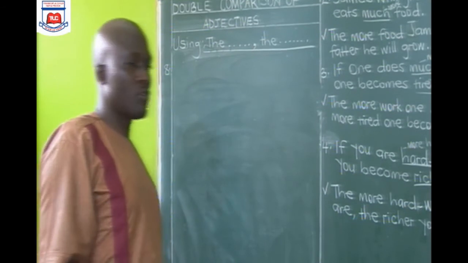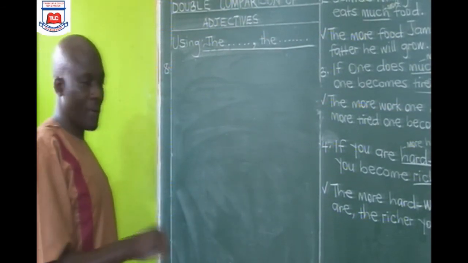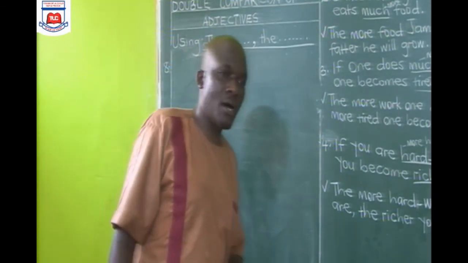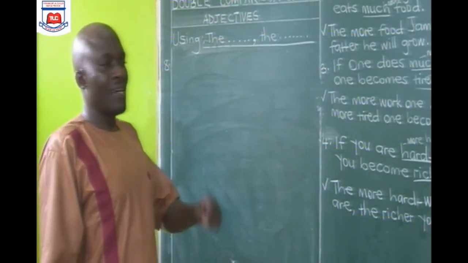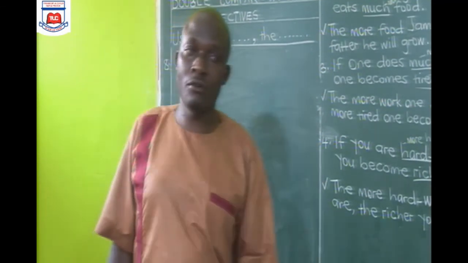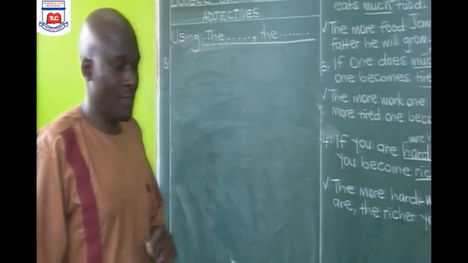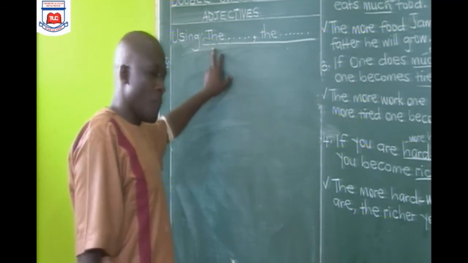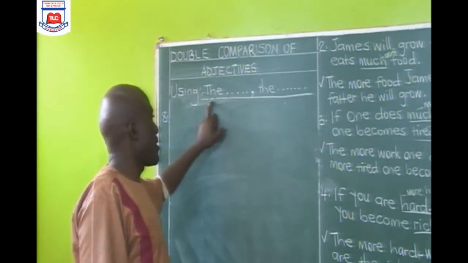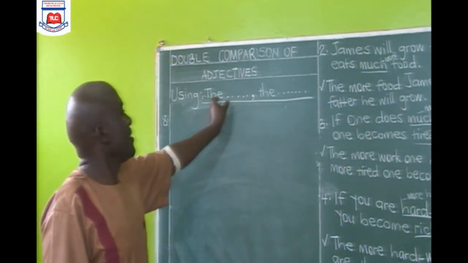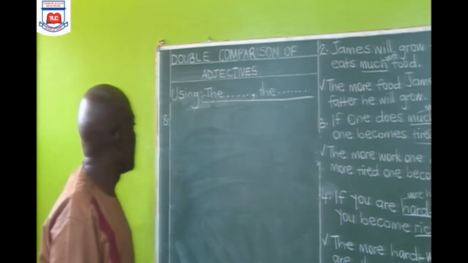There is comparison of adjectives and there is comparison of adverbs. For now, we are not talking about comparison of adverbs. We are basically looking at comparison of adjectives. So we said after the article, it is immediately followed by the comparative degree.